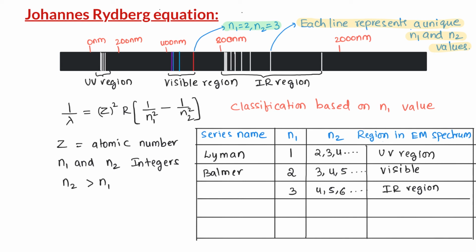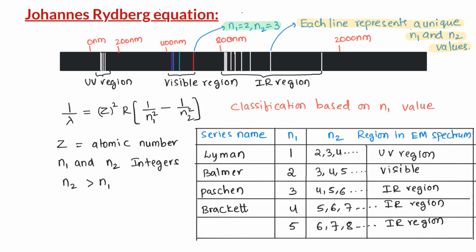These series are referred to as the Paschen series. Similarly, for n1 equal to 4, the n2 values are 5, 6, 7, and so on. They still appear in the IR region, and the name of the series is Brackett. For n1 equal to 5, the n2 values are 6, 7, 8, and so on. They appear in the IR region, and the name of the series is Pfund.